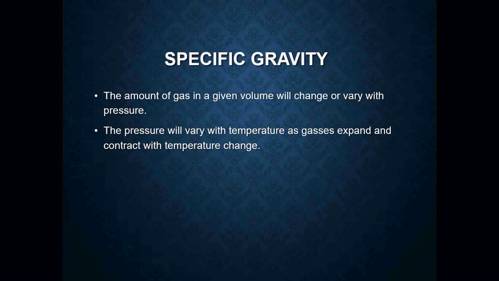The amount of gas in a given volume will vary with pressure, and pressure will vary with temperature as gases expand and contract. The higher the temperature, the higher the pressure. So if a propane cylinder is sitting out in the hot sun, the pressure inside that cylinder is going to rise.